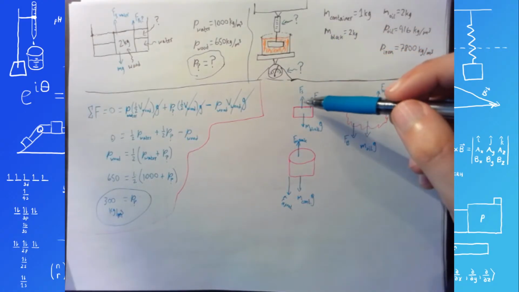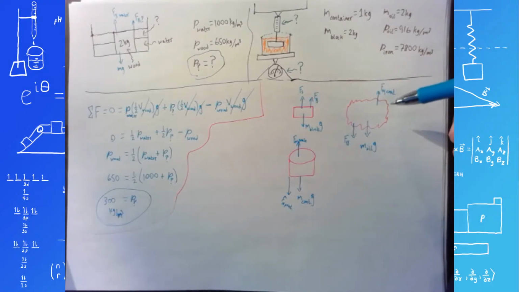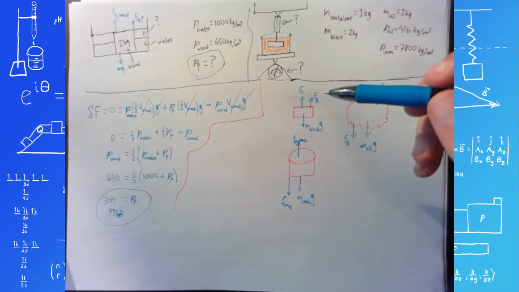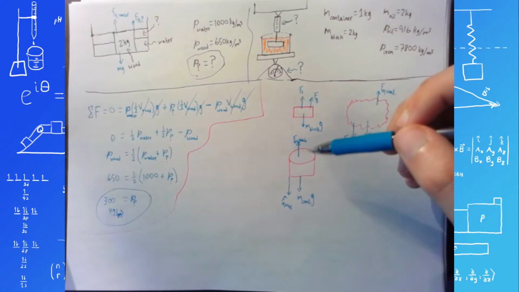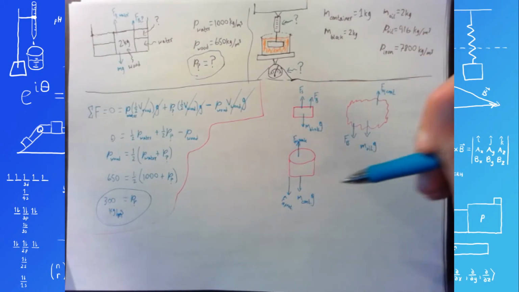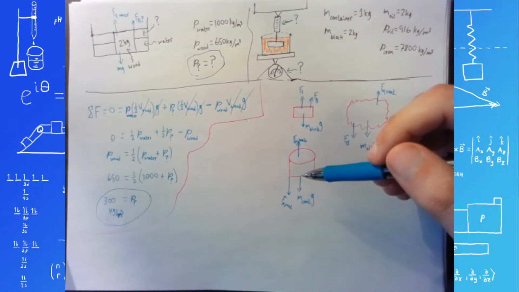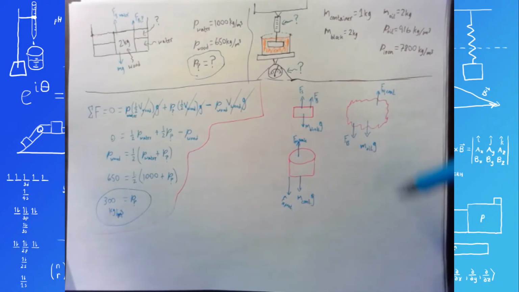So block, we've got spring force up, buoyant force up, weight down. Oil, we've got normal force up, weight down, buoyant force down. Yep, that's all adding up. And then for the beaker, we've got normal force or spring force up, whatever you want to call it, weight down, and normal force from the oil down.